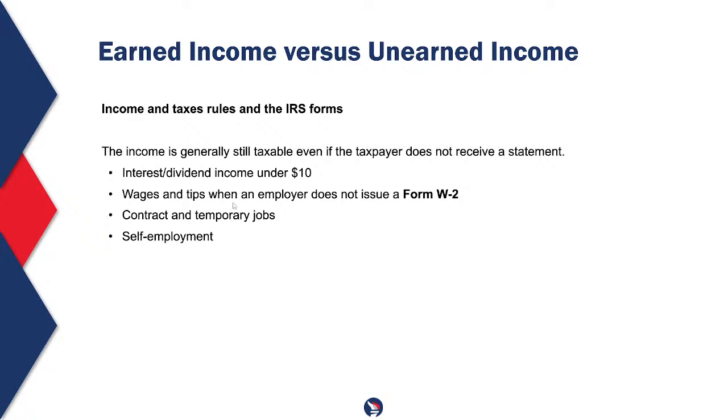Wages and tips when an employer does not issue a W-2. You still have to report that as income. Contract and temporary jobs. This might be Schedule C stuff that we'll get into on the last day, but that's still income. This is also self-employment. These kind of all go together because a lot of the contract work will be self-employment. Temporary jobs could be either W-2 work or self-employment.